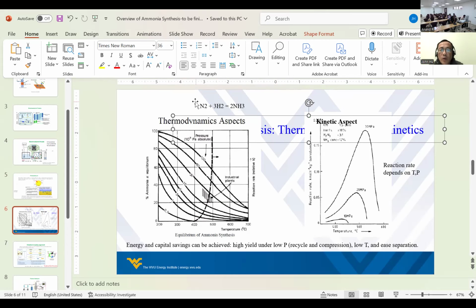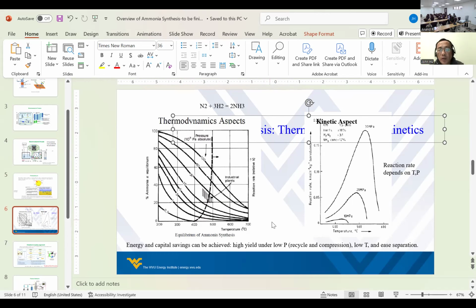That means if you run the reaction with hydrogen and nitrogen at ambient pressure at 500 degrees C, essentially you do not get ammonia, because the moment you form ammonia, the equilibrium moves to the left. So basically, you really need to go to high pressure. The higher the better to get a higher concentration of ammonia.